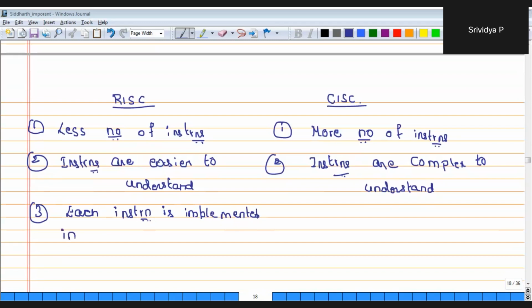Whereas in a CISC architecture, the instruction is implemented using microprogrammed control.